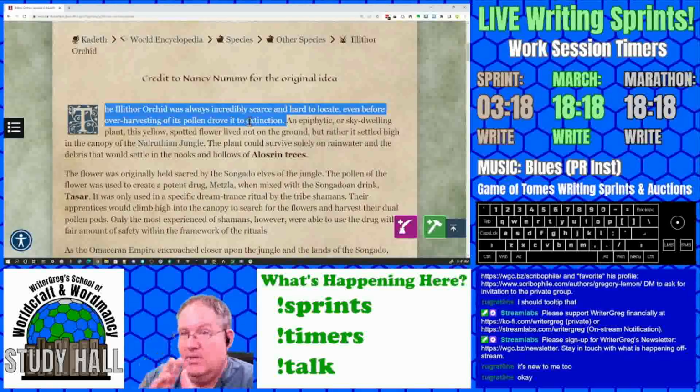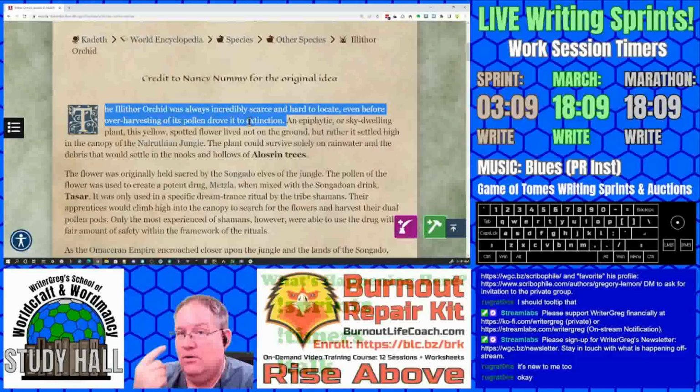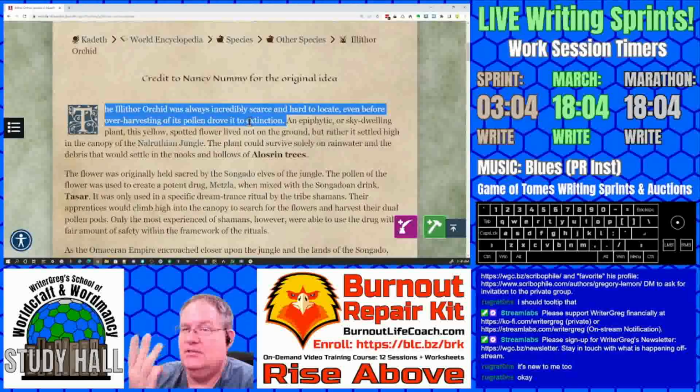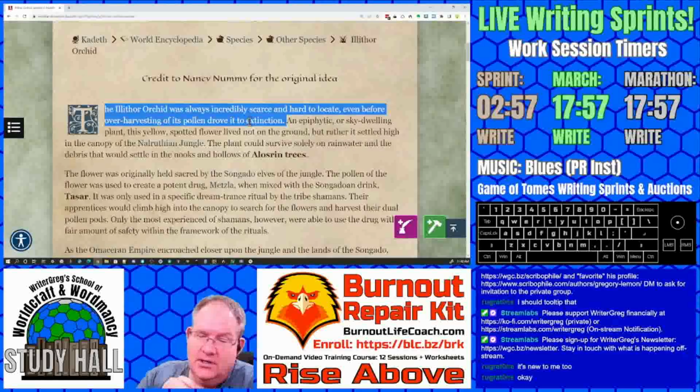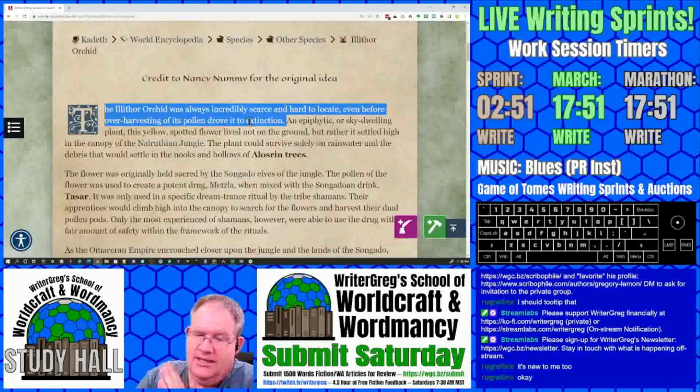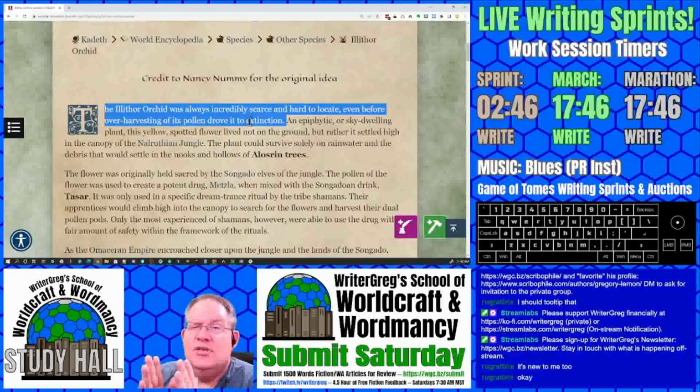And so I would recommend splitting that out so that you can focus on what's most important. What's the most important thing about this flower? Its rarity, or the fact that it was overharvested, or that it's being led to extinction. You may be able to combine those in different ways. The Illithor orchid is a scarce and rare flower.